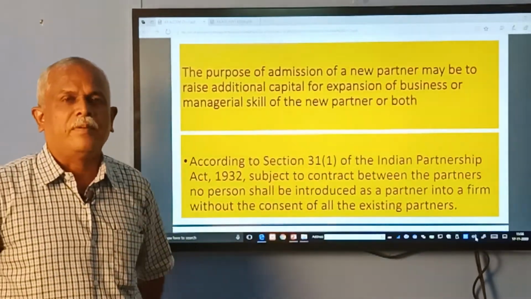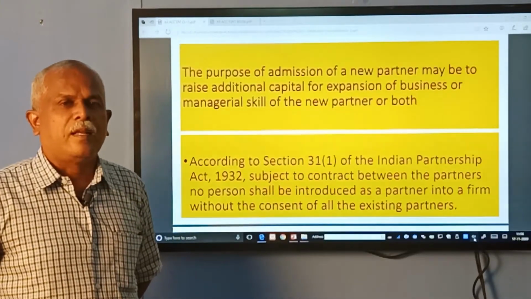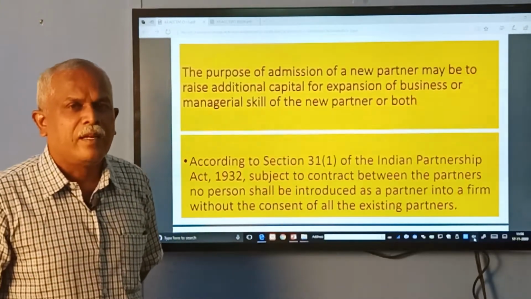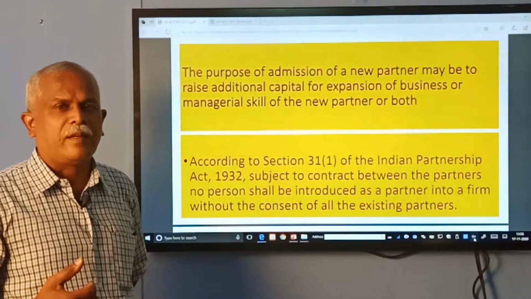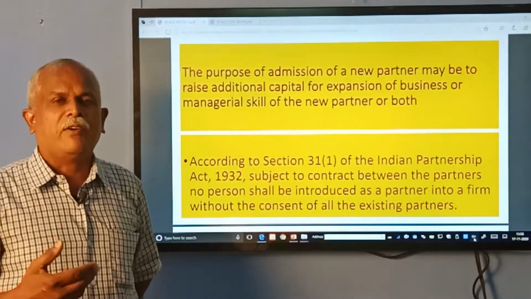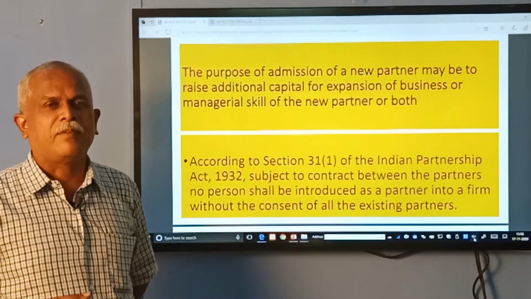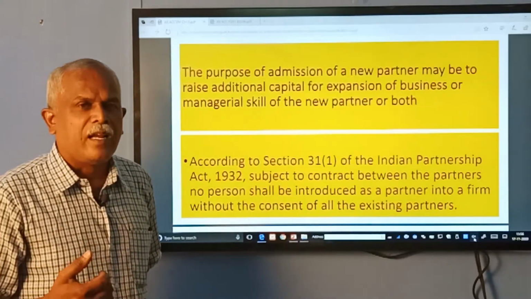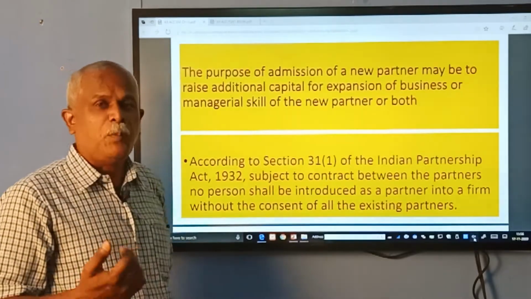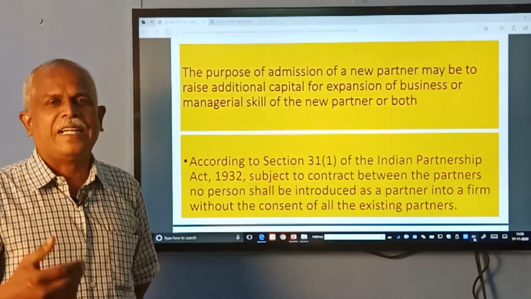In a partnership, the composition of partners may change. After a period of time, when they establish a good reputation, they may want to expand the business, for which they may admit a new partner into the business with the consent of the other existing partners.